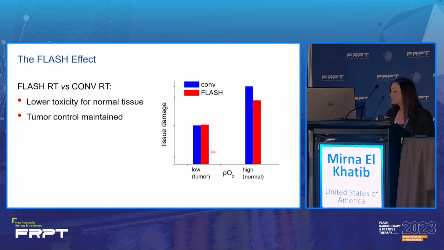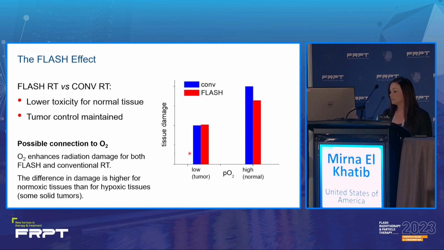The cartoon here shows the flash effect in relation to oxygen. Oxygen is known to enhance radiation damage for both flash and conventional radiation. The difference in damage is higher for well-oxygenated tissue than for hypoxic tissue, and this is due to the oxygen effect.